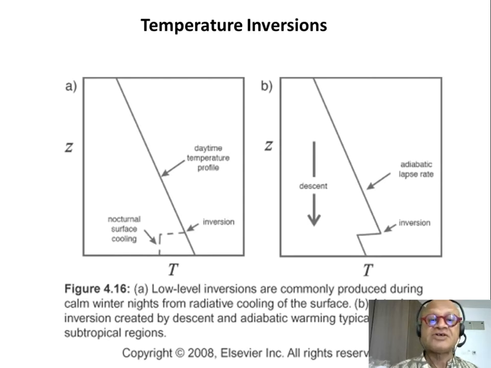So one example here is that you have our normal daytime temperature profile, but come night you can produce low-level inversions where you have weak winds and wintertime nights, which allow for a lot of radiative cooling of the surface because there are no clouds, and long wave radiation can escape out of the boundary layer into space or the upper atmosphere and produce rapid cooling of the surface.